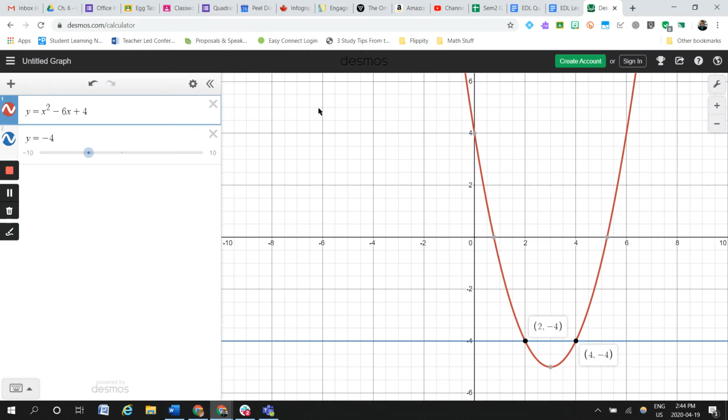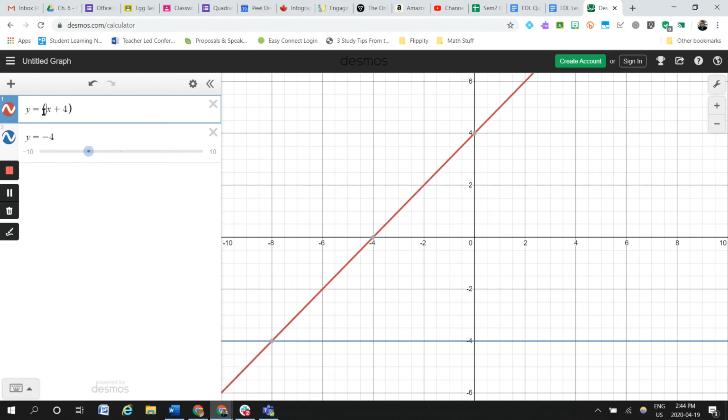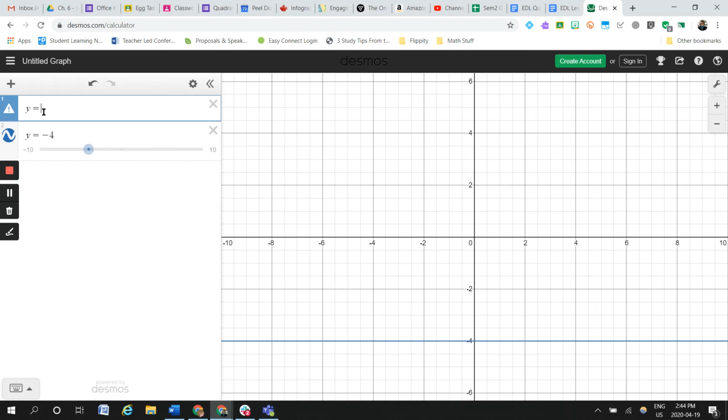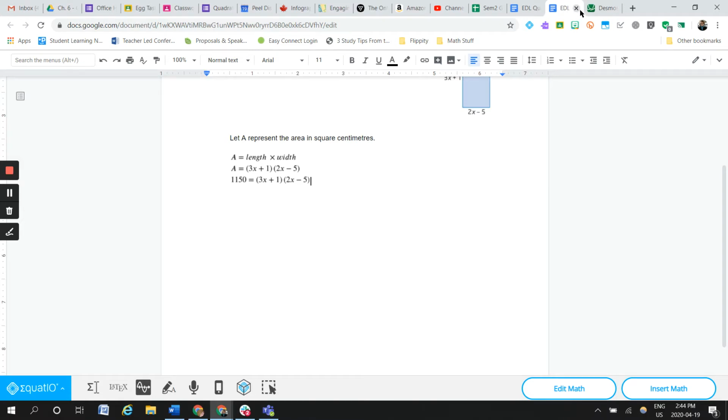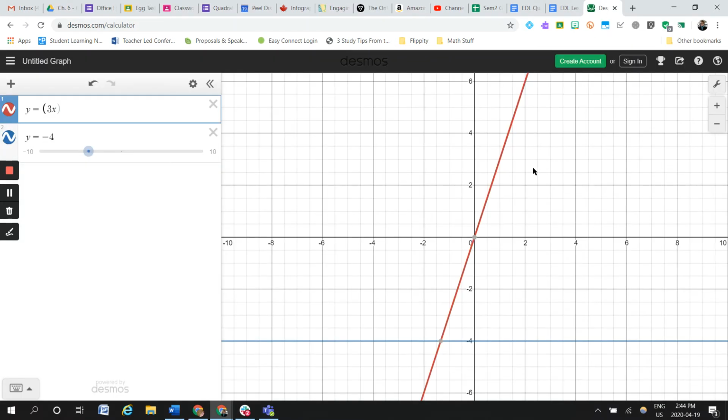So this time it's in intercept form, but that doesn't matter. Plus 1 and 2x minus 5.